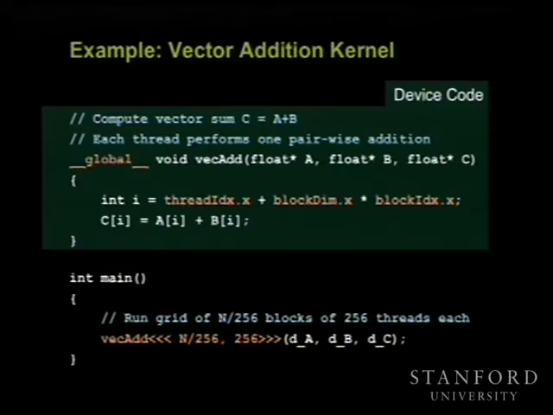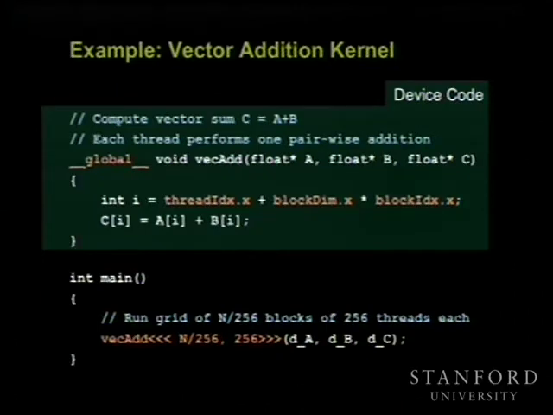So if you want to get your global ID and you have a simple 1D thread block and grid, you can do what is shown here. The block dim variable kind of magically appears. The block is so big, I am such and such block in the whole grid, and then you add my thread ID, and that is my global index.